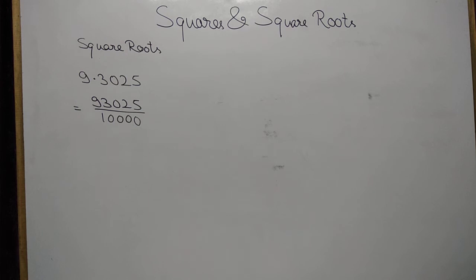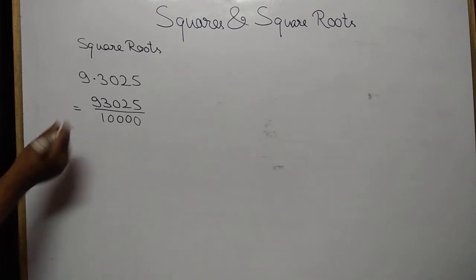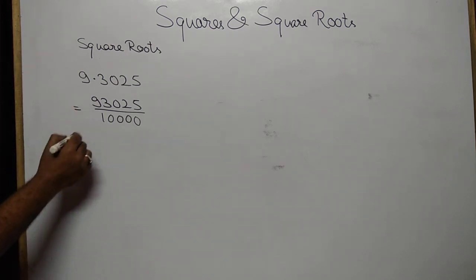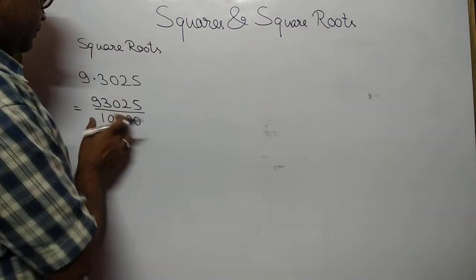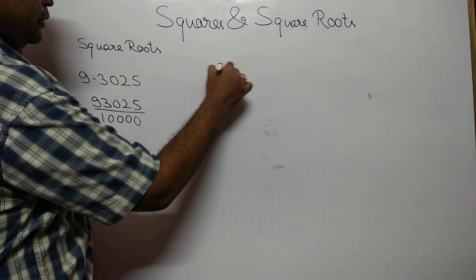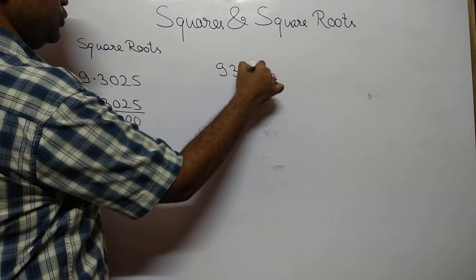Now we have to find out the square root of this one by using prime factorization method. I am solving at this side. 93025.